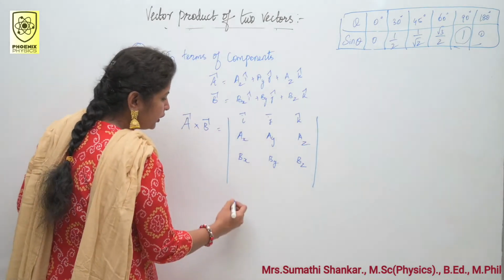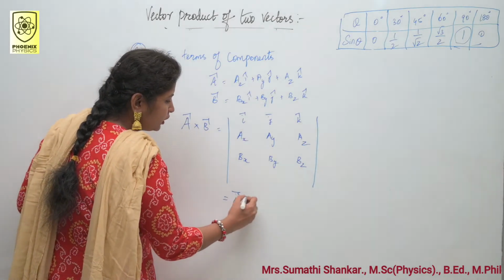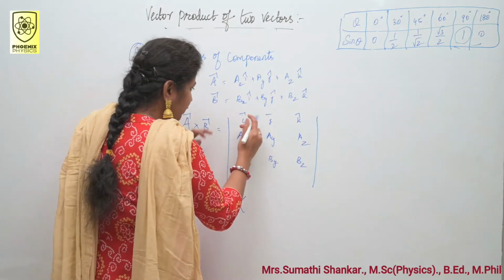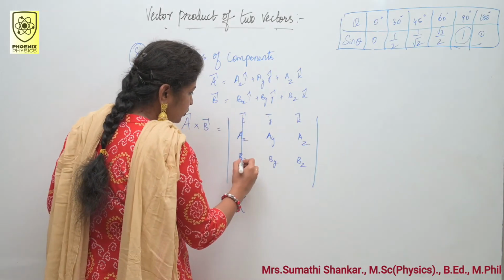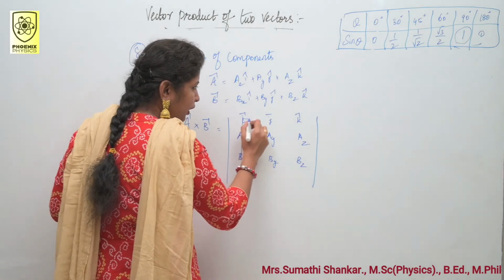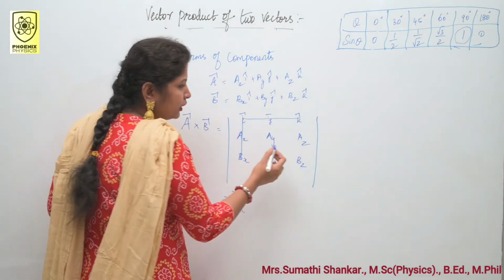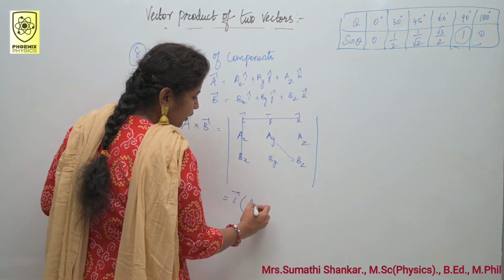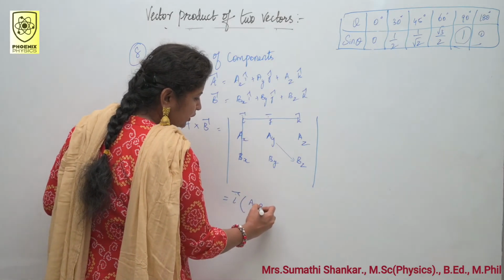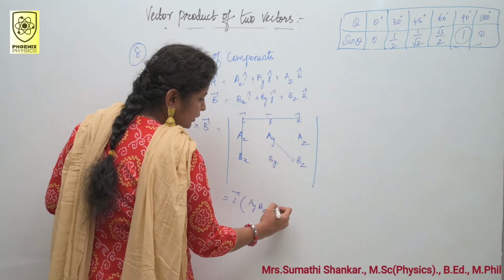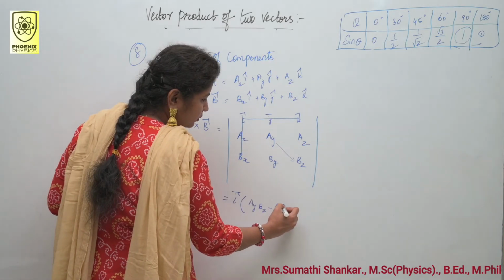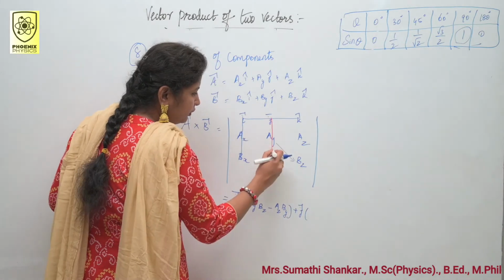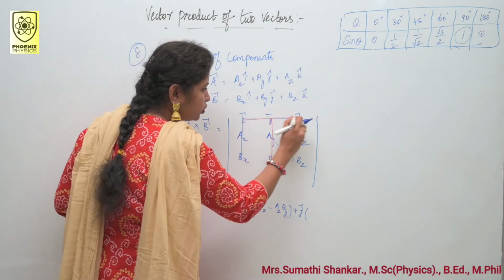Then how do you find the i component? Suppose you want to calculate the i component, then leave this column and leave this row. Then you cross multiply these two. So what is this? Ay Bz minus Az By, plus the j component. Leave this column and leave this row.